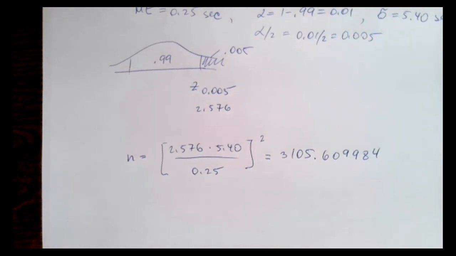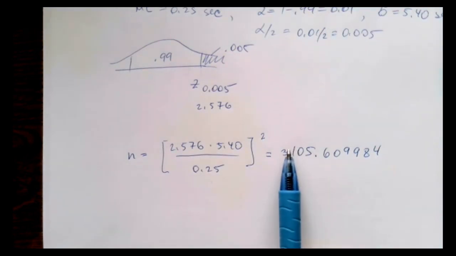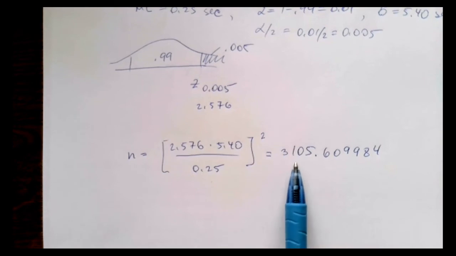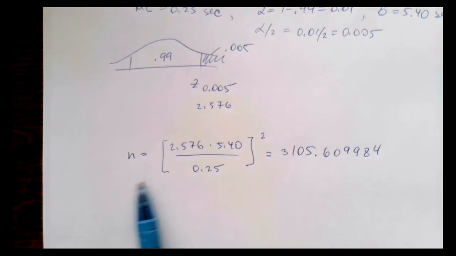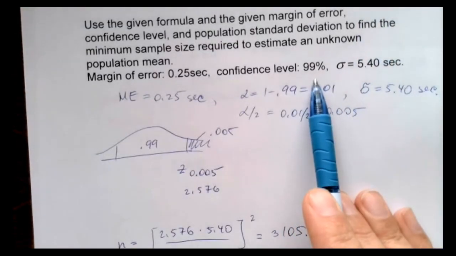Okay. Here's the thing though, when you're asked to find a sample size, we want a whole number. We don't want a decimal like that. So you would always round up, and this is important. Think about it. What we found is the absolute minimum sample size that you must get in order to have this level of confidence, the 99% confidence.